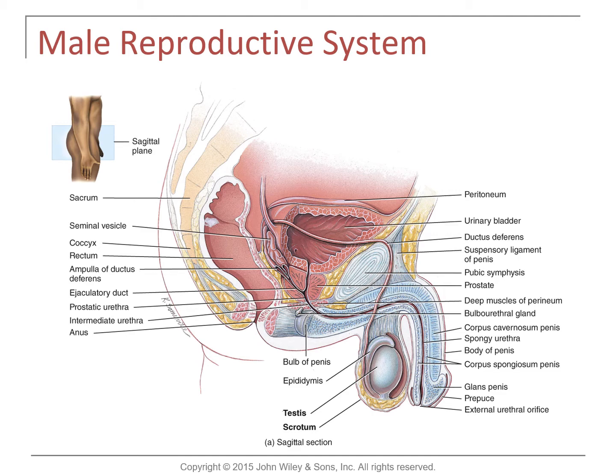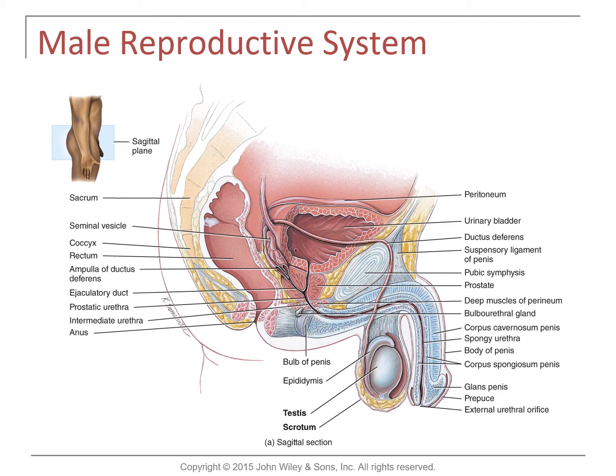It moves over anteriorly the pubic bone at the pubic symphysis, then passes laterally on either side of the urinary bladder, and then finally ends on the posterior aspect of the urinary bladder in a widening of the vas deferens called the ampulla of the ductus deferens.